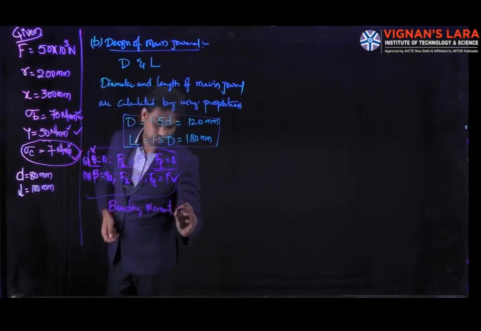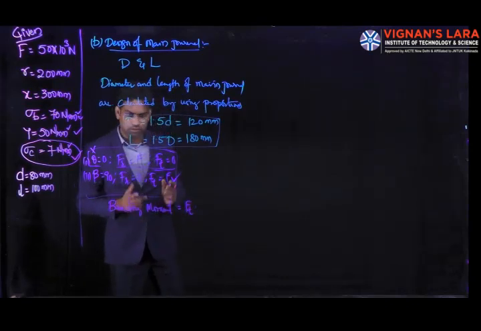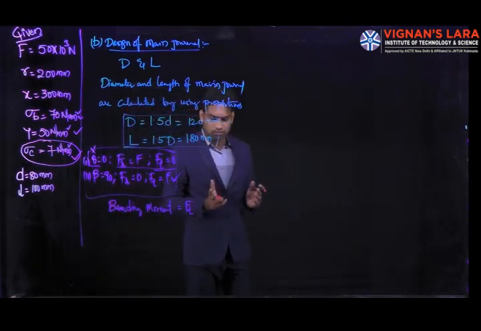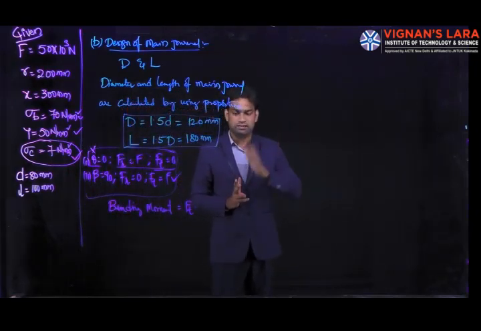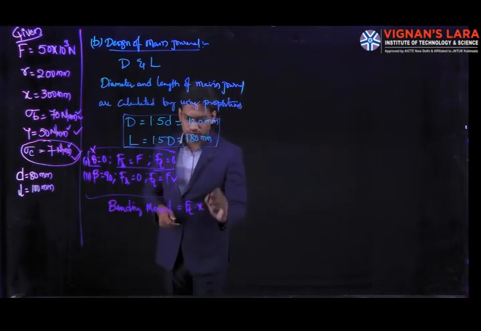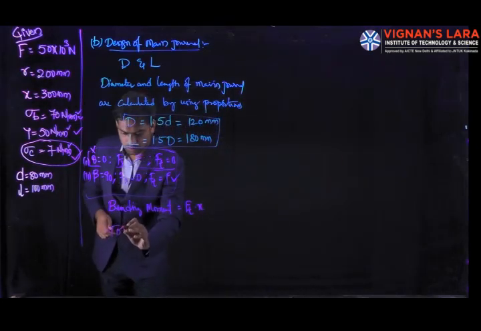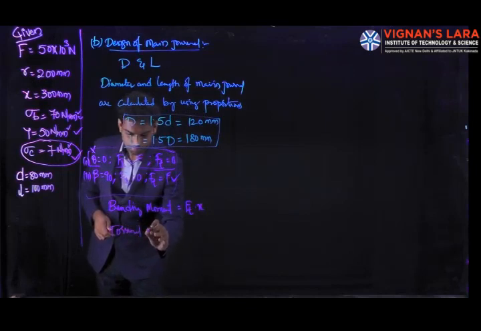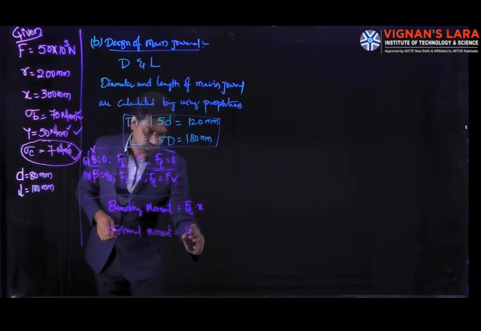Due to the tangential force, the bending moment will be caused in this direction. You can take the perpendicular distance x, so bending moment is Ft into x, and the torsional moment is equal to Ft into r.